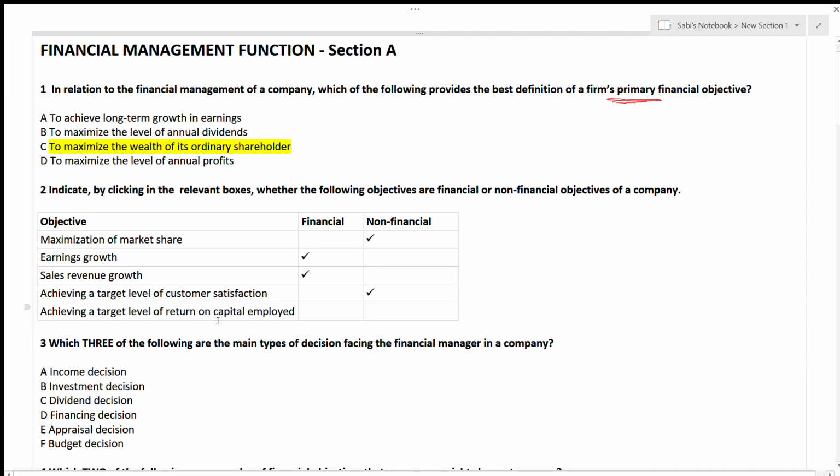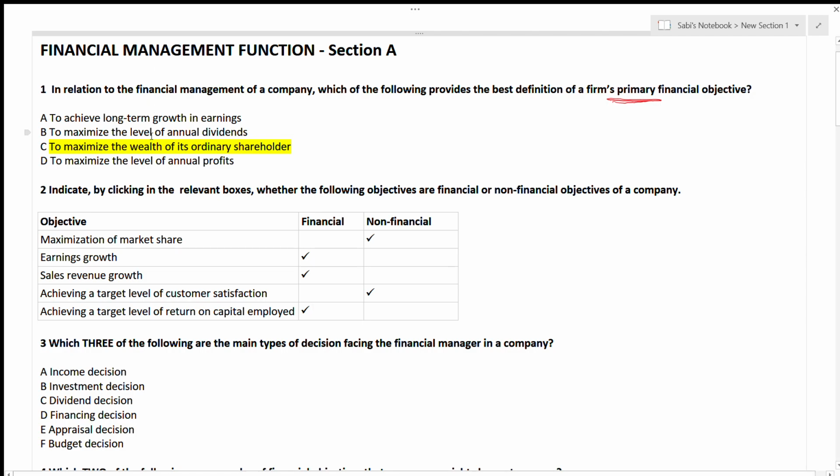Achieving a target level of return on capital employed, it is financial. So you see that even though this is easy, it is tough. Market share is a relative measure, and customer satisfaction is a qualitative measure. So they are non-financial objectives.